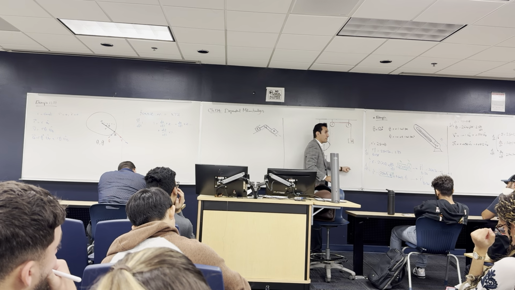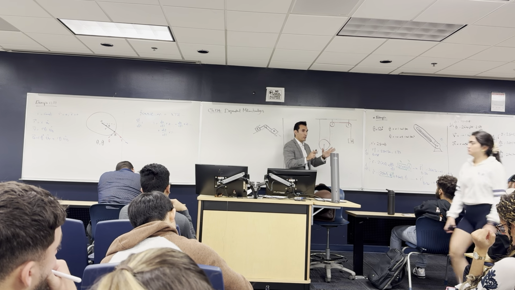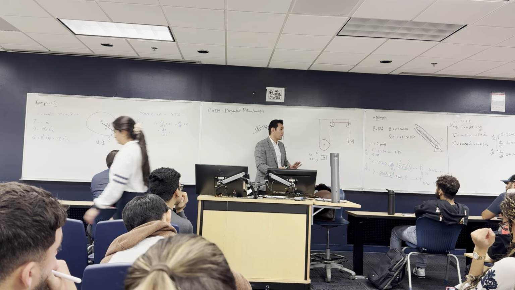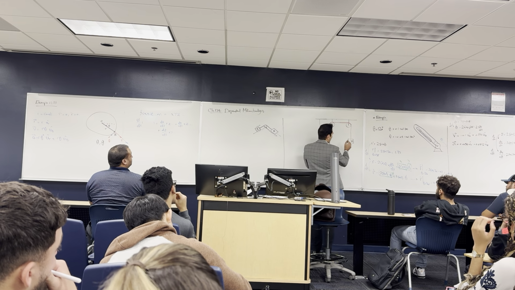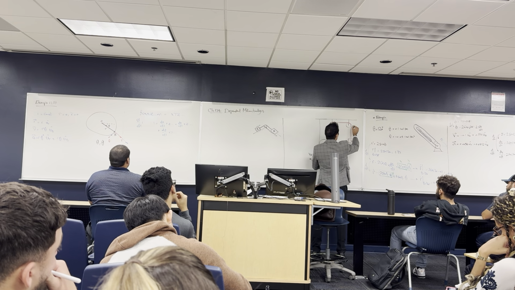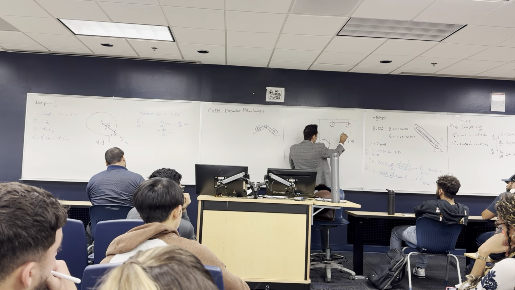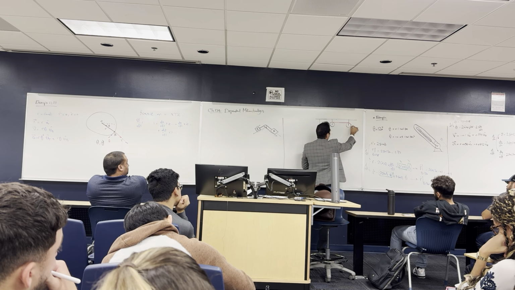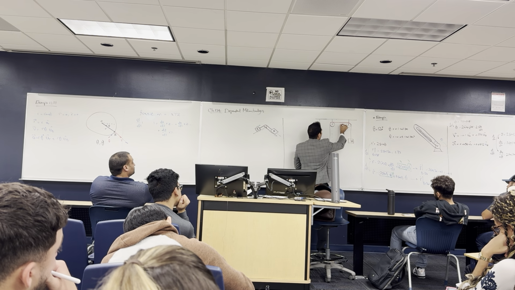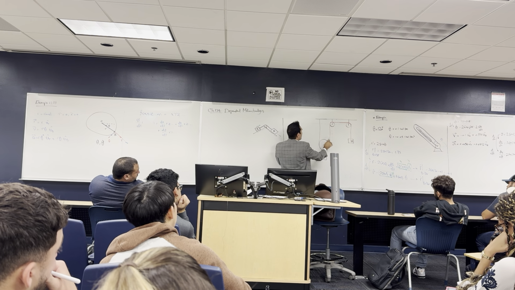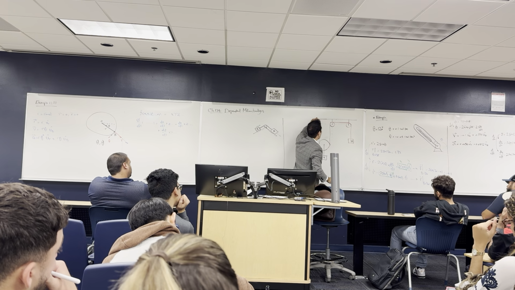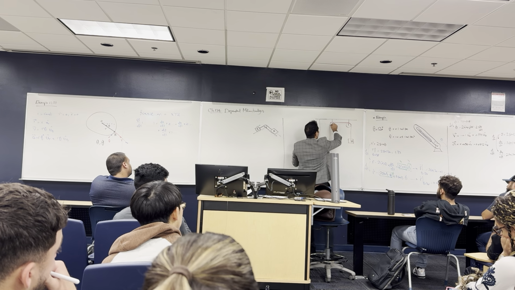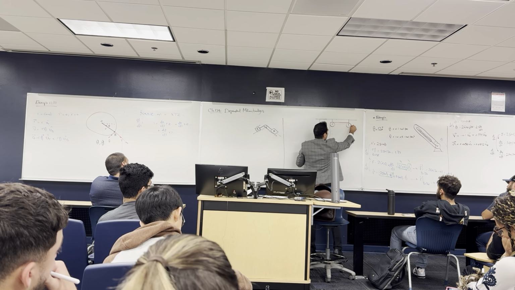Like if you roll this down, the cord is going to stay the same length, okay? So let's first determine what is the moving part. The first thing to determine what is moving, you need to have a datum that doesn't move. So I know from here, all these parts don't move, like this doesn't change in length, and this part doesn't change in length, and this part doesn't change in length.